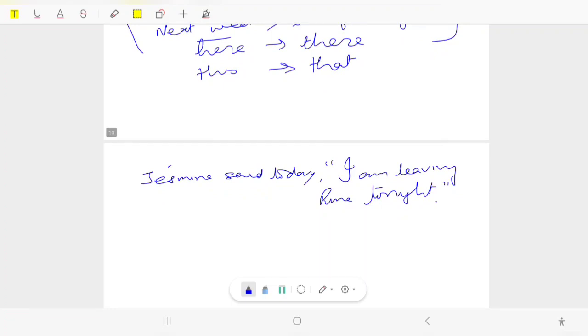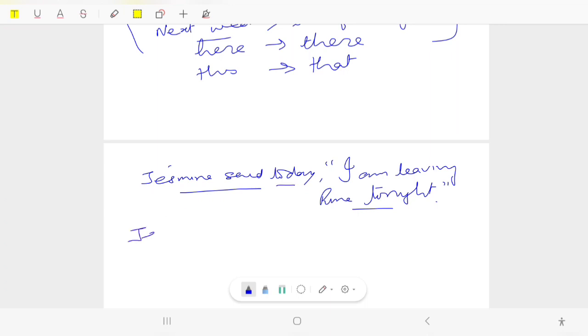Jasmine said today, I am leaving Pune tonight. Now, if this sentence is reported on the same day, then this today will not change into that day.